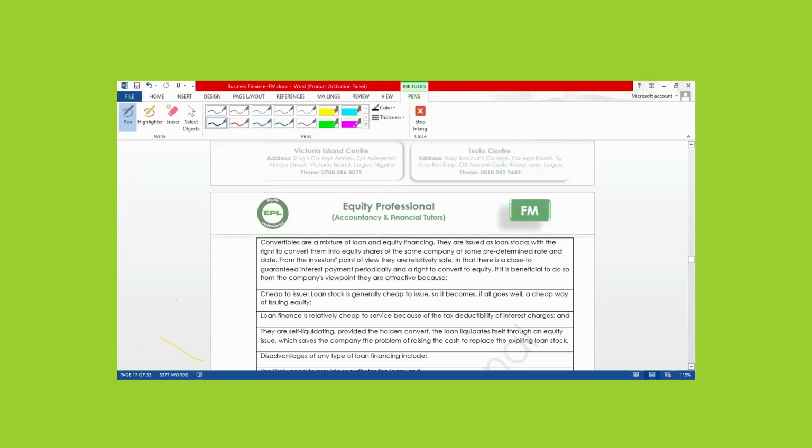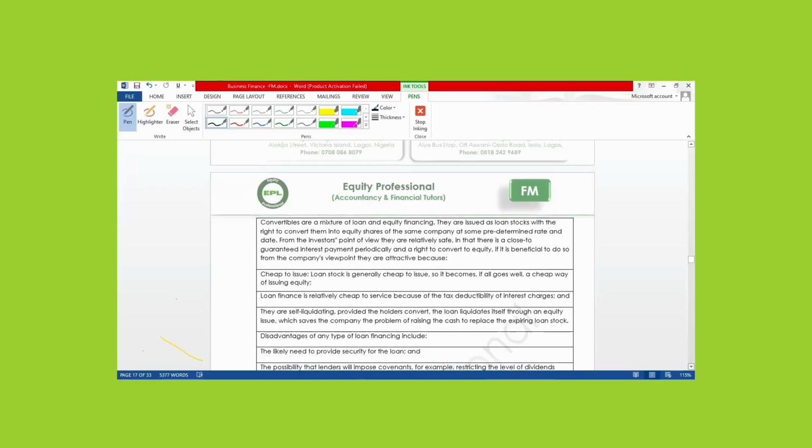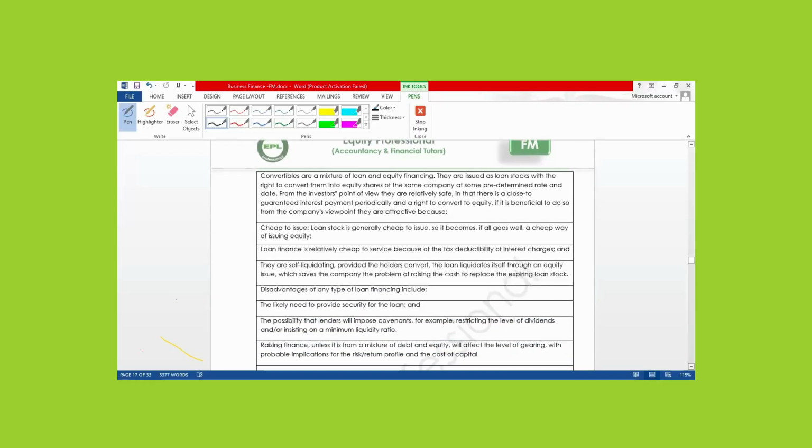Financing your business with loan stock comes with some disadvantages. The likely need to provide security for the loan.